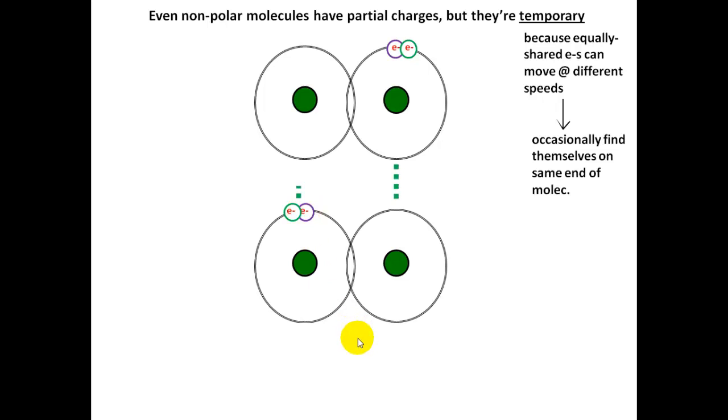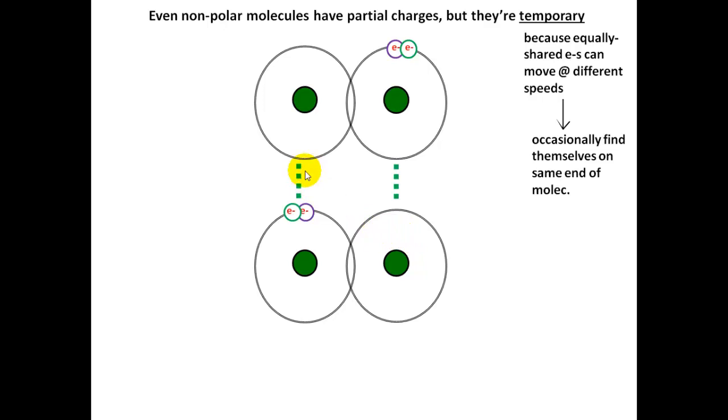There's an attraction that occurs between the two. This temporary partial positive end becomes attracted to this temporary partial negative end, and the same thing here. This temporary partial negative end becomes attracted to this temporary partial positive end.